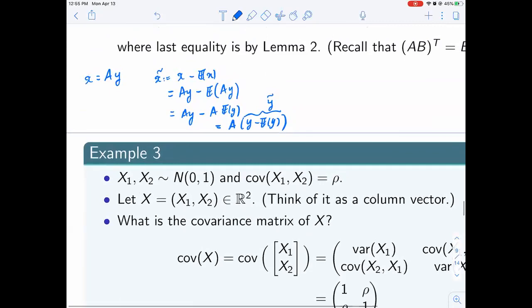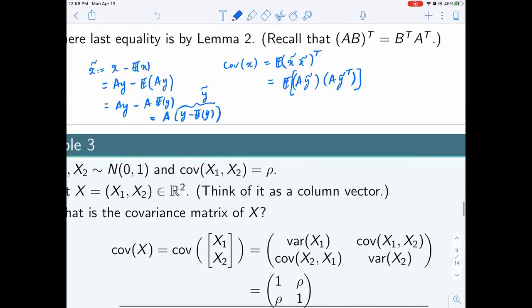So now the covariance of x, which is what we want, by that formula is the expectation of this x tilde times x tilde transpose. So I get the expectation of A times y tilde, and then A times y tilde transpose. What is the next step? The transpose comes out of the parentheses, and then use the definition of transpose to become y tilde transpose A transpose.